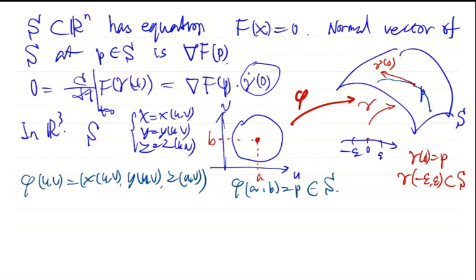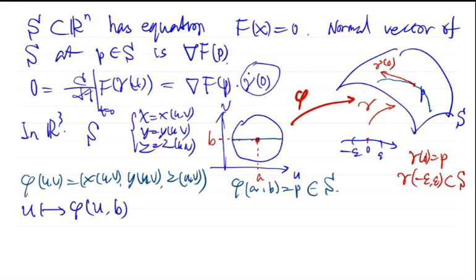Then the method is that we fix v, but let u change. So this map sends u to phi(u,b). We set v always to be b. That is, we restrict the point (u,v) to a segment passing through the point (a,b) and parallel to the u axis.